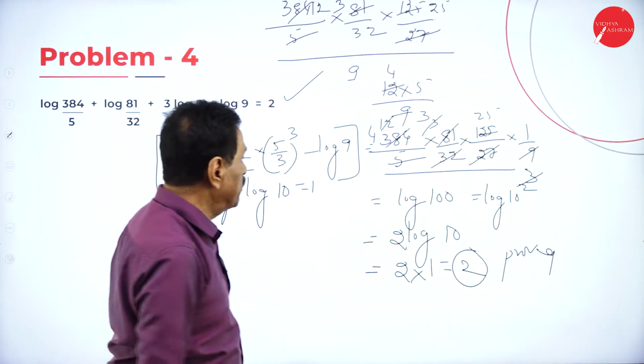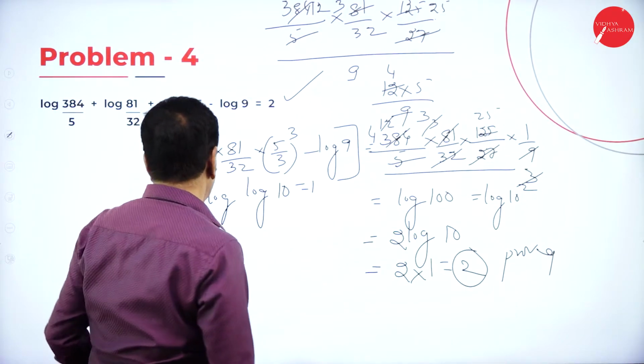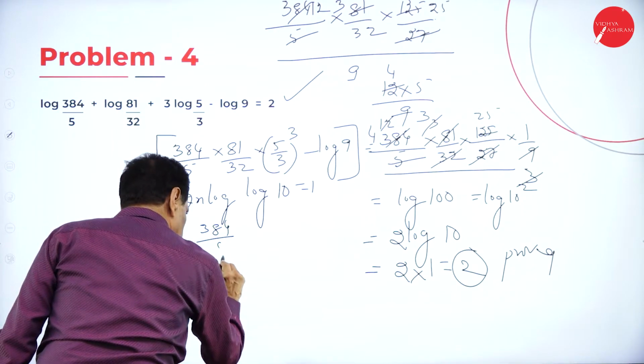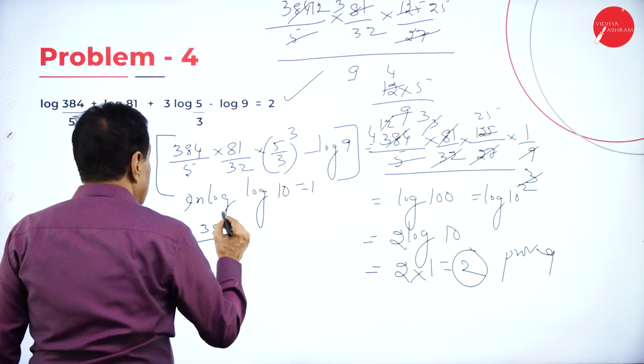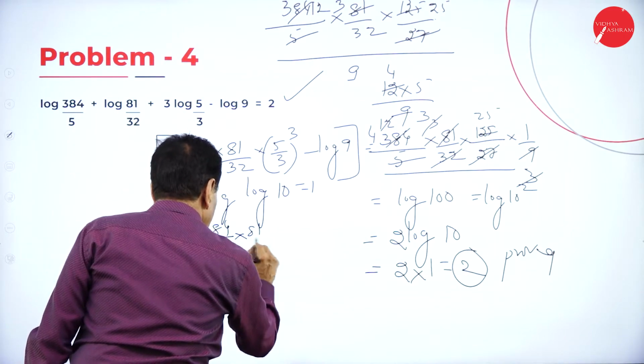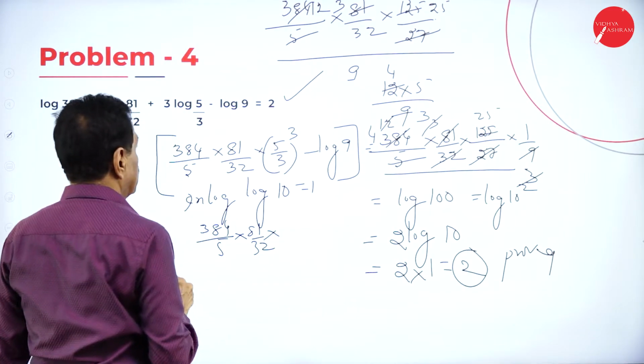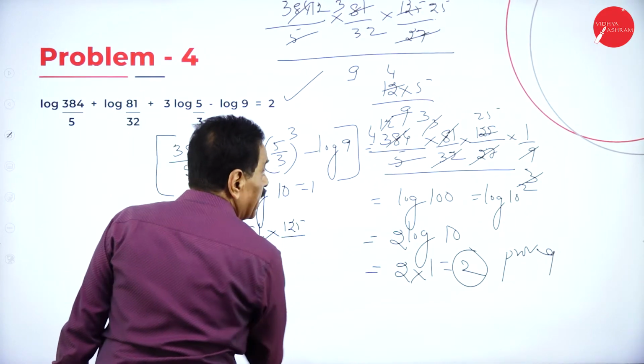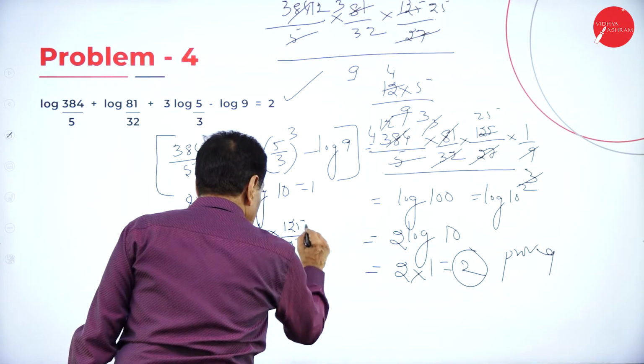Once again, I'll repeat. 384 divided by 5, 81 divided by 32. This is 125 divided by 27.